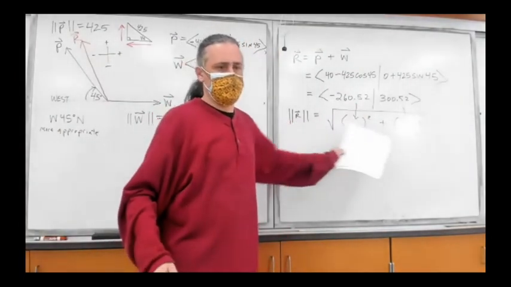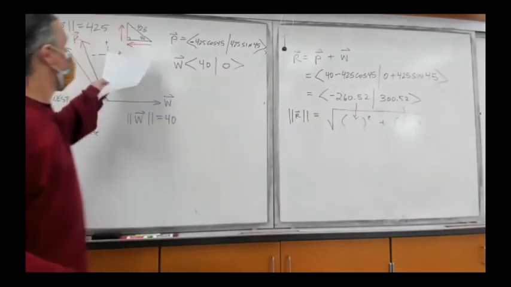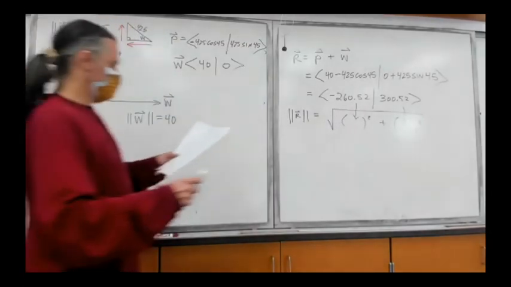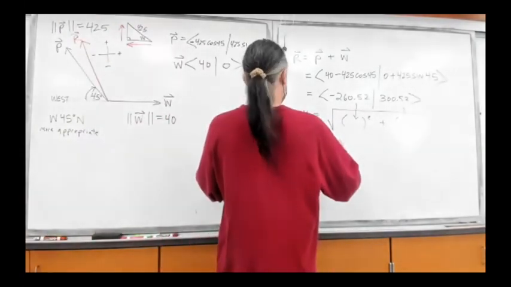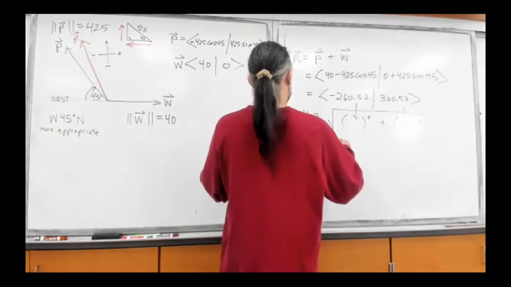Again, this is related to the Pythagorean theorem. And so when you do that calculation, you should get 397.722.